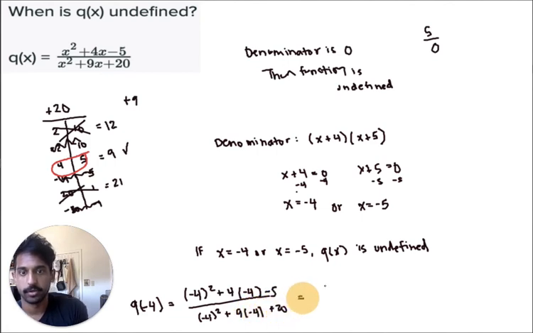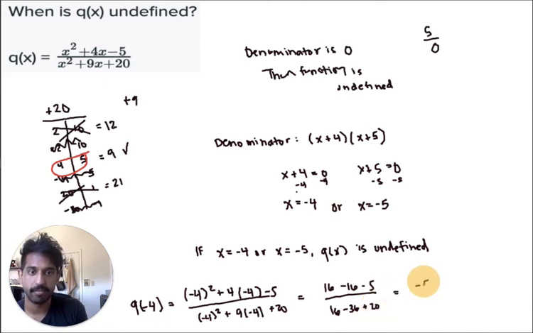Okay, that means the numerator will be 16 minus 5 over 16 minus 36 plus 20. 16 minus 16 is 0, minus 5 is negative 5. Okay, the numerator looks fine. 16 minus 36, that's negative 20. Negative 20 plus 20 is 0.